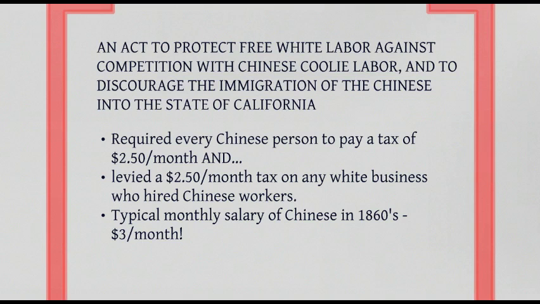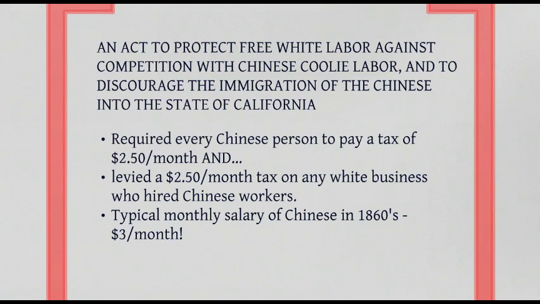And then the second part is if you were a white business owner and you hired a Chinese worker, particularly because the Chinese worker would be working for a lot less, then the government would force you to pay a $2.50 a month tax on every Chinese worker you hired.